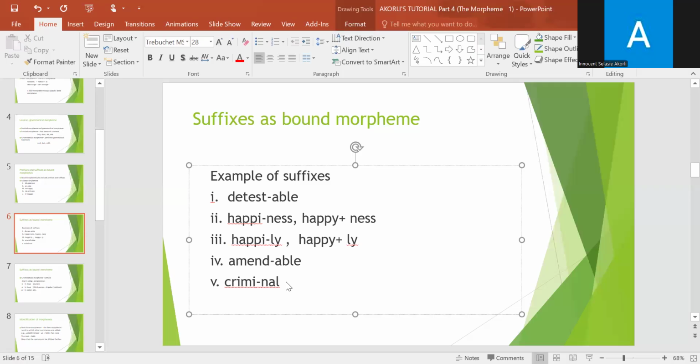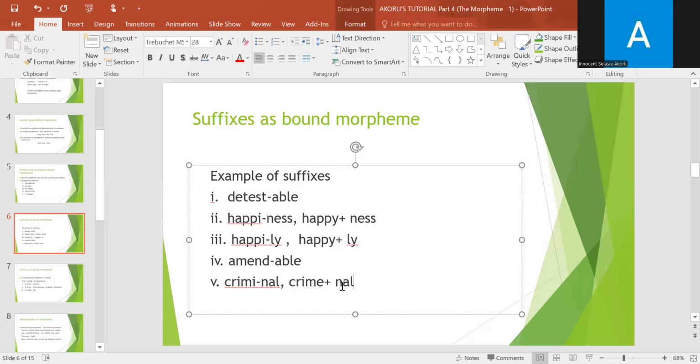If you are asked to break down the word criminal, you should have crime plus al. I know that you'll be confused about the i which comes after m, but that is it.